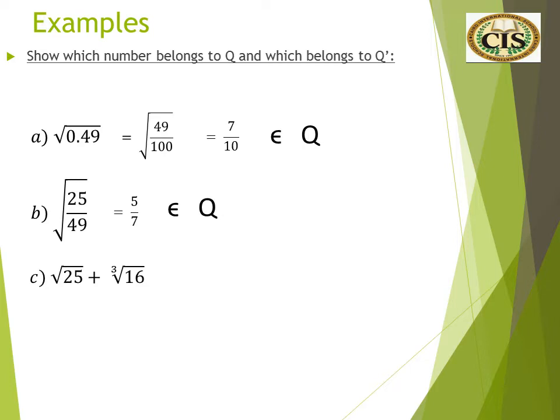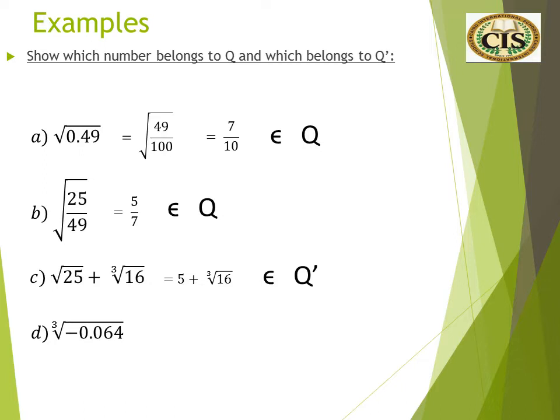Square root of 25 plus cubic root of 16. We know root 25 equals 5, and the cubic root of 16, we can't find a number times itself 3 times that equals 16. So 5 plus cubic root of 16 doesn't belong to Q, it belongs to Q dash.